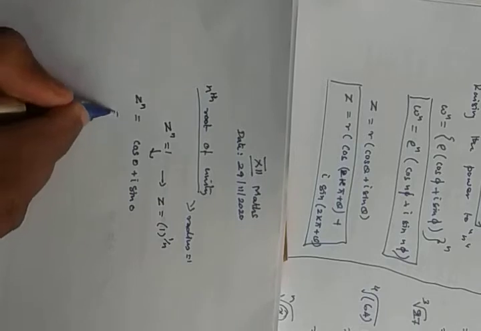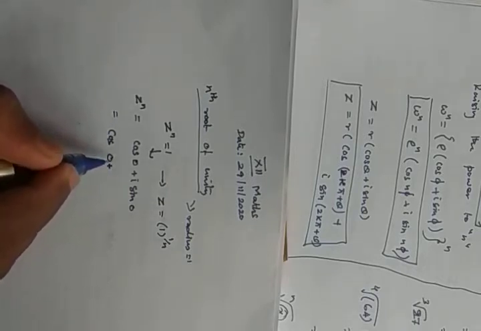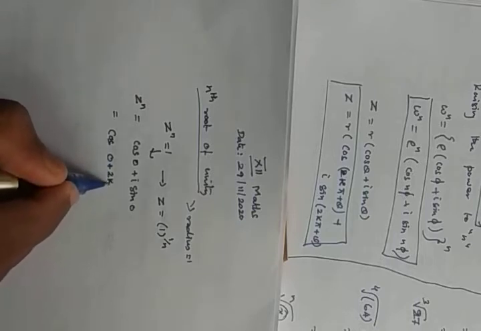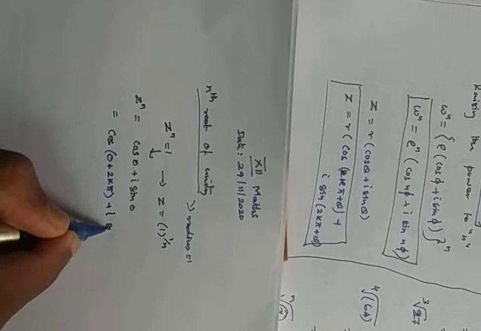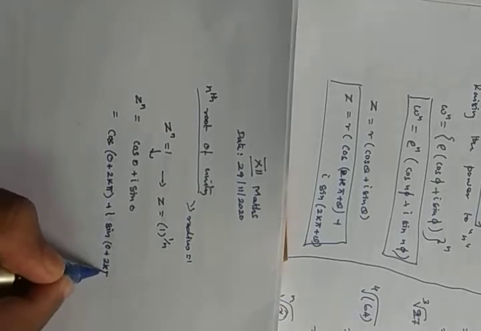So this is 1. But we need to write it in general form: cos(0 plus 2k pi) plus i sin(0 plus 2k pi).